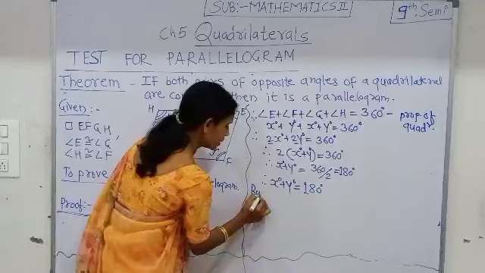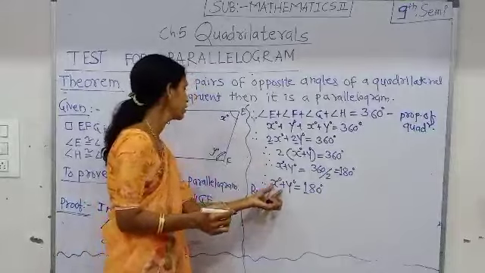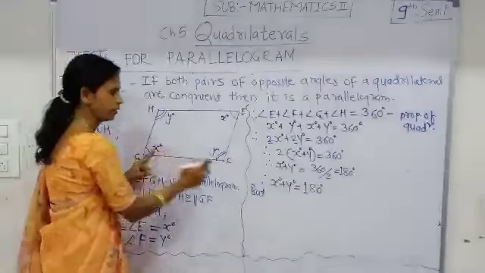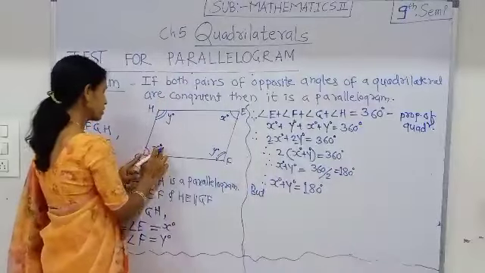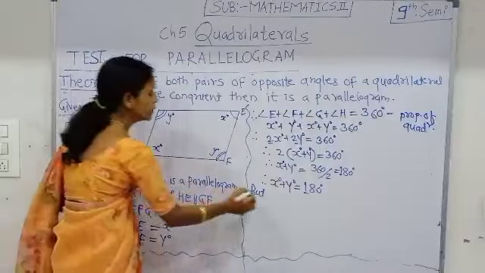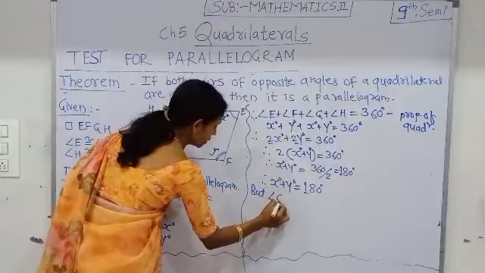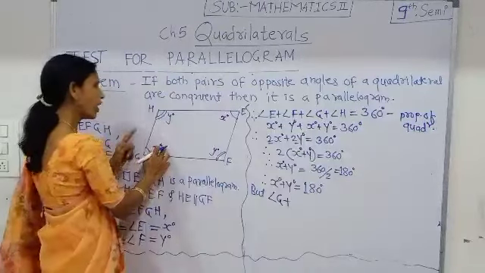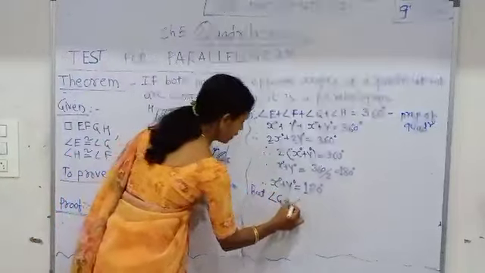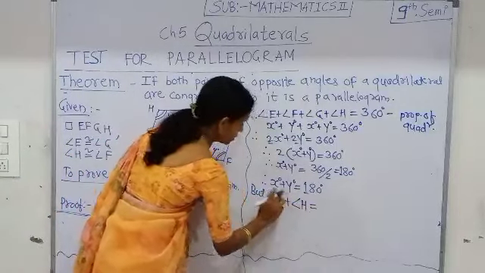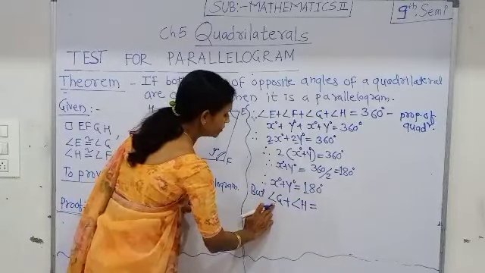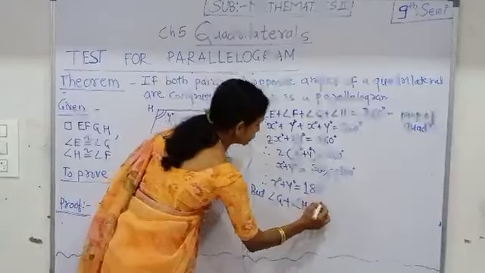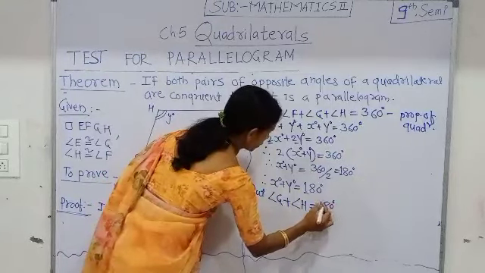But x degrees is the measure of angle G, and y degrees means angle H. So the sum of the measure of angle G and angle H is 180 degrees.